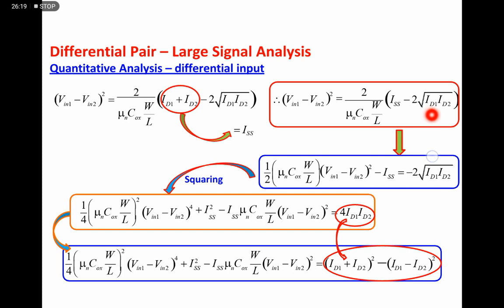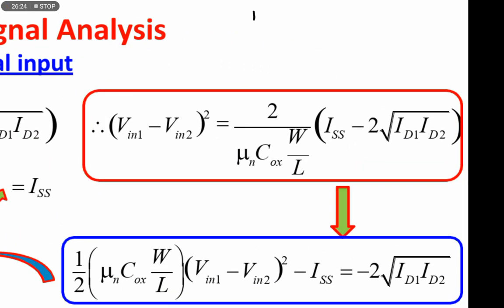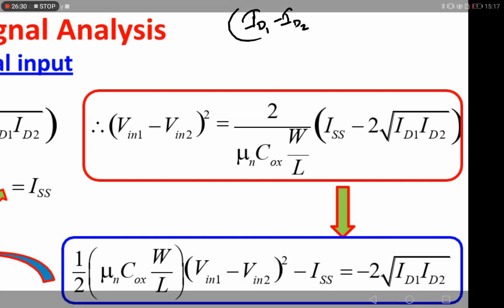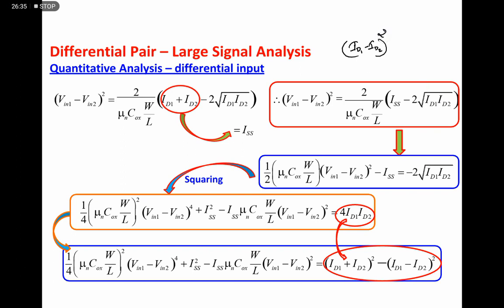If we are able to find the value of ID1 ID2, we can find the value of (ID1 minus ID2) the whole square, which is nothing but (ID1 plus ID2) the whole square minus 4 ID1 ID2, right? Using that concept we are trying to find root ID1 ID2, and from that root ID1 ID2 we are finding ID1 ID2.